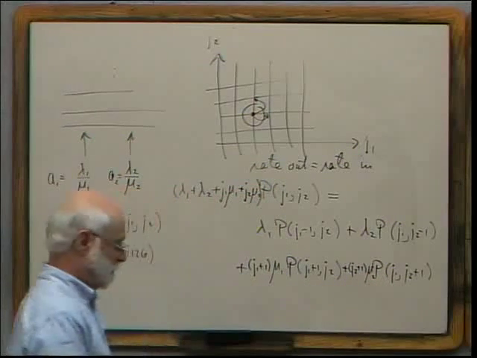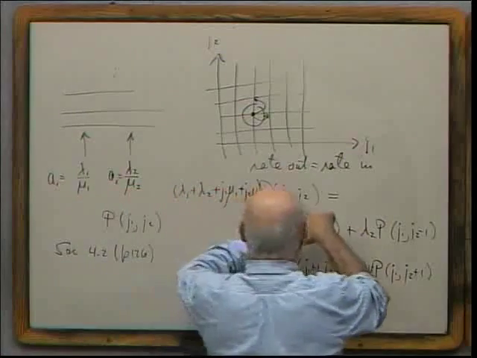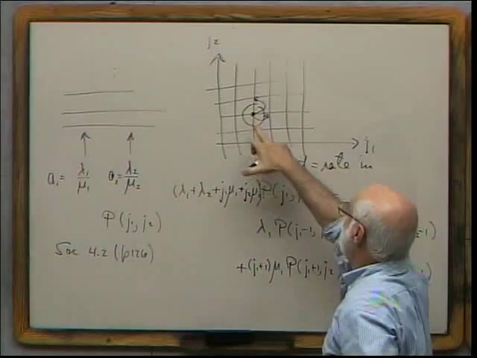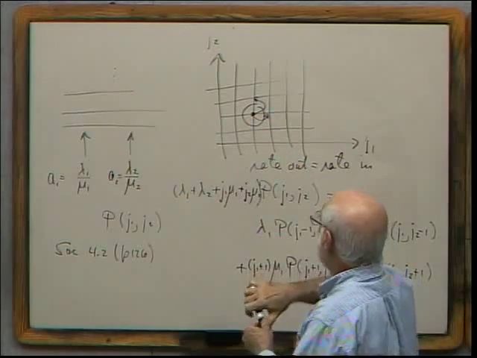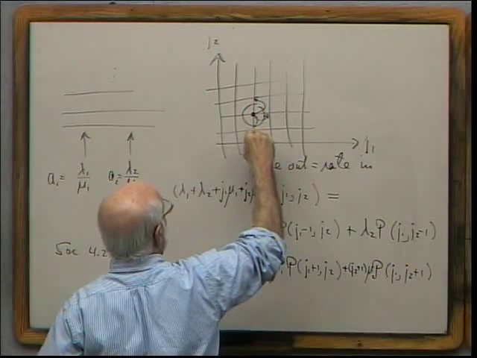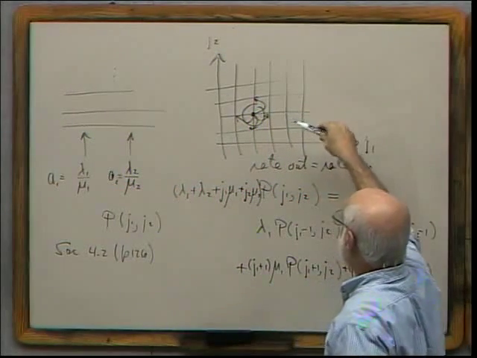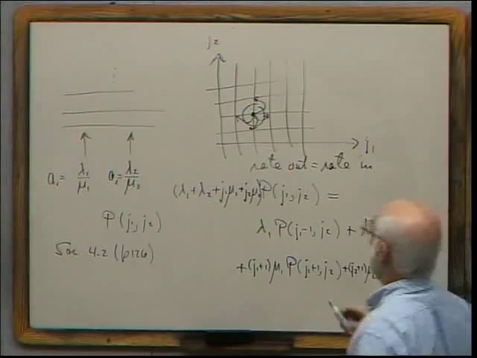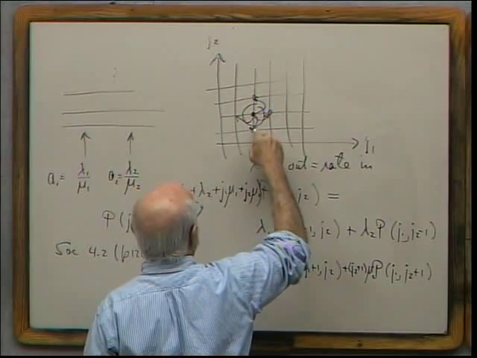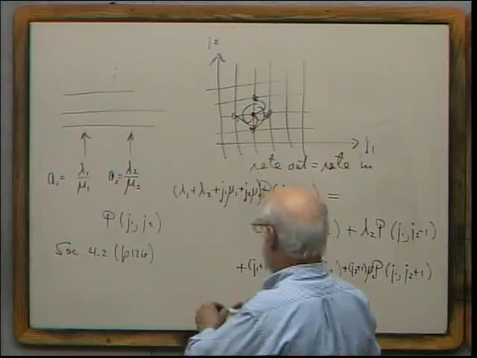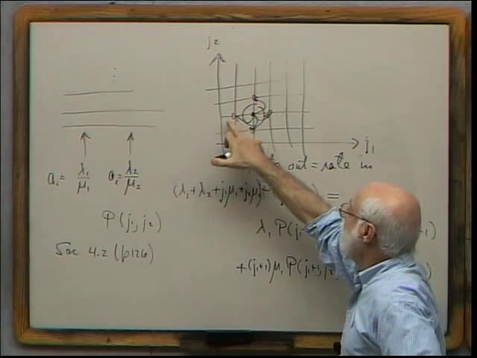Okay, so I equated the rate at which I leave state J1, J2 by either arrivals or departures to the neighboring states to the rate at which I enter from the neighboring states. And these are the states, in this case, that I could be in and travel from that state to that state by a single arrival or departure.